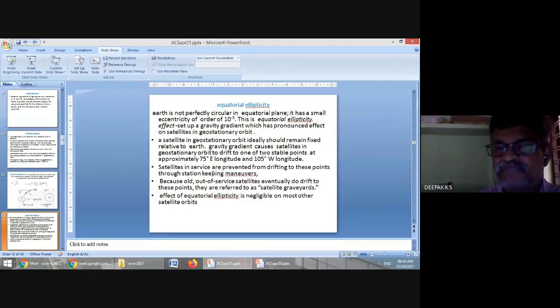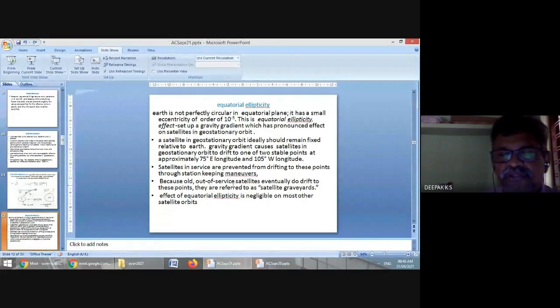Satellites which are in service are prevented from drifting to these points through station keeping maneuvers. We will do some corrective mechanism. It is called station keeping. So those satellites which are in service are prevented from drifting, which naturally occurs because of this equatorial ellipticity, and would finally land up at these places.